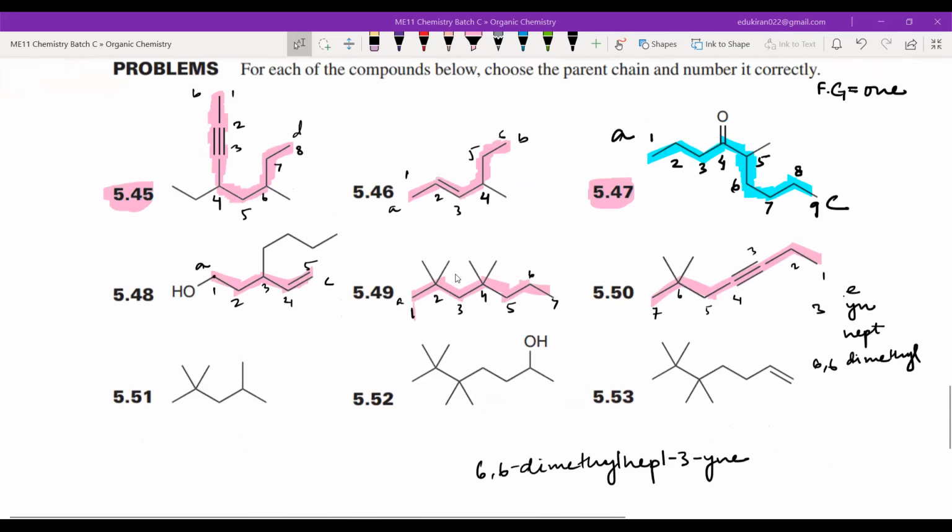Okay, now, where should I start from? A or B? A. We are choosing A because there are two substituents here. So we will write 1, 2, 3, 4, and 5. Now let us see here.